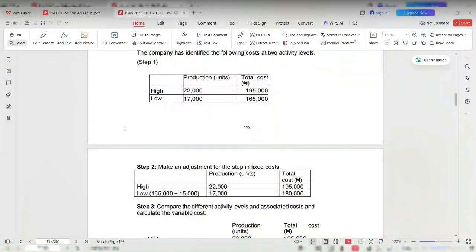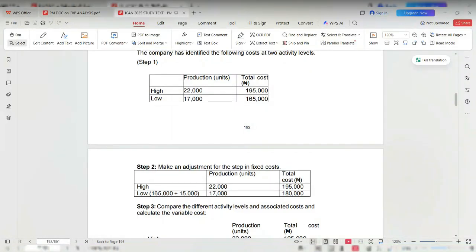So let's say this is how the question looks like. So now, me, I will advise that let us subtract from the total cost. So our high will now be 22,000, while our total cost will now be 195,000 minus 15,000.